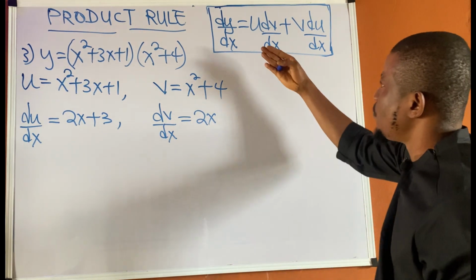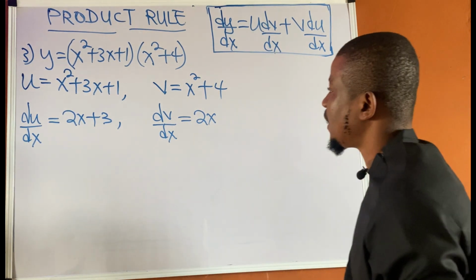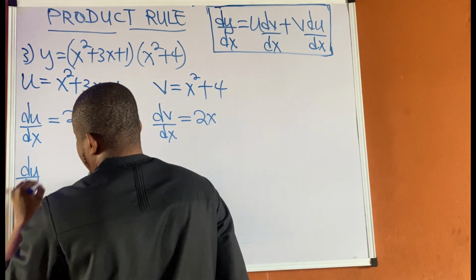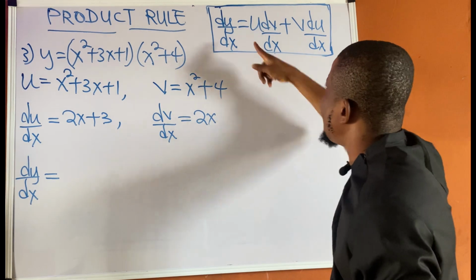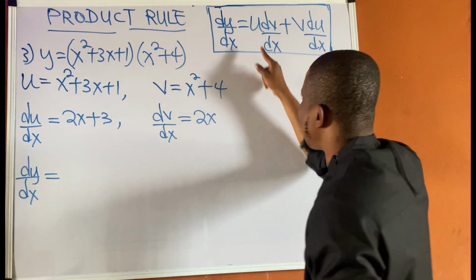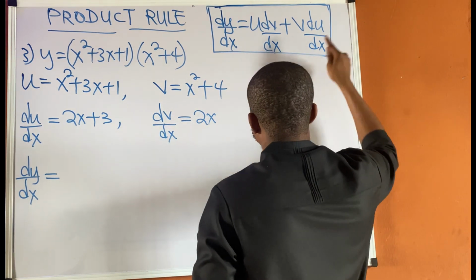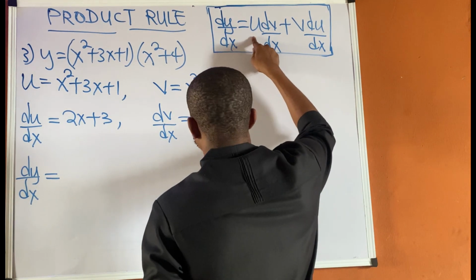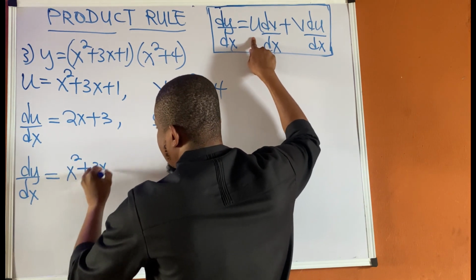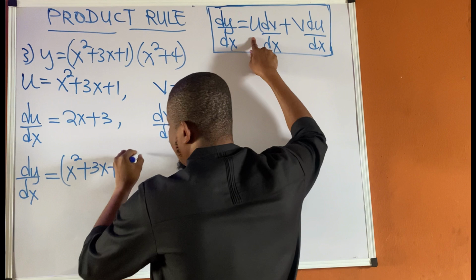The next thing is to put everything into this formula. It means our dy dx is u dv dx. We keep our u first. We are going to follow this formula strictly. Keep our u, hold our u, x squared plus 3x plus 1.